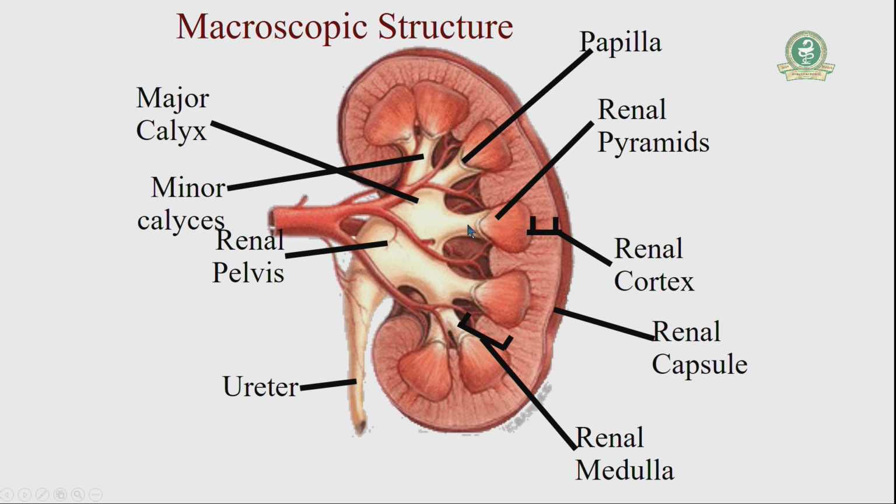And we can see the minor calyx. Minor calyces collect to the major calyx, and major calyces collect to the renal pelvis.